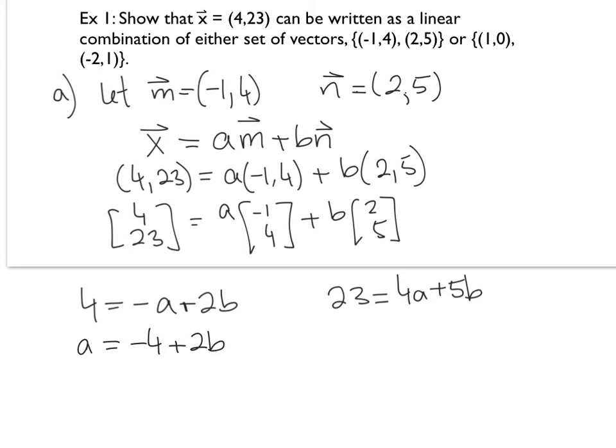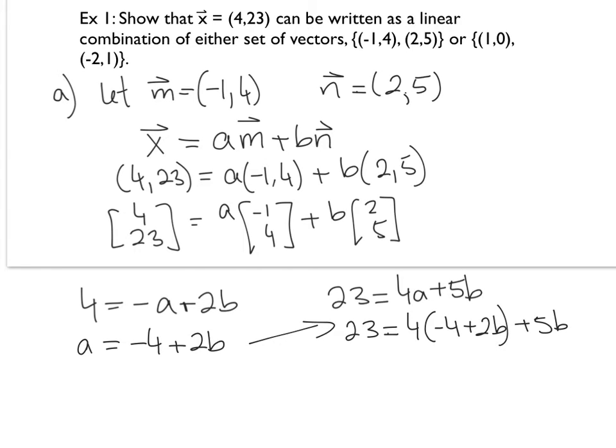And with that, I'm going to bring it into this equation. So 23 is equal to 4 times a, which is negative 4 plus 2b, plus 5b.